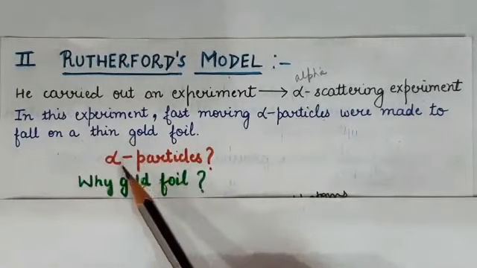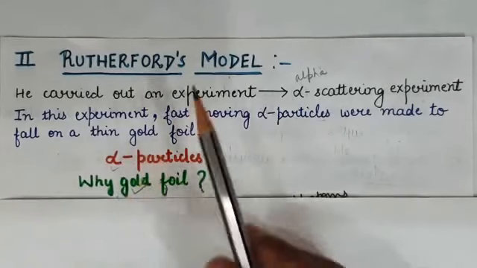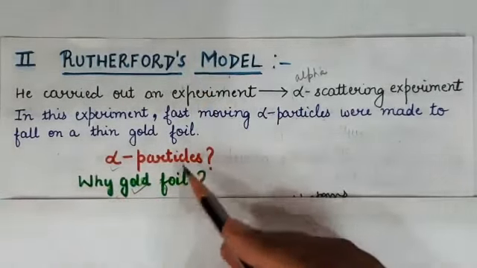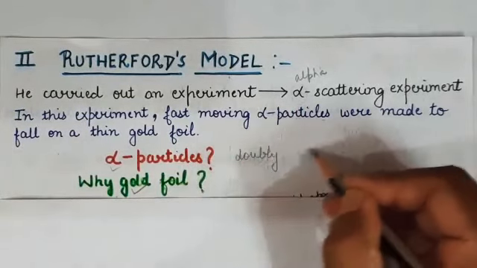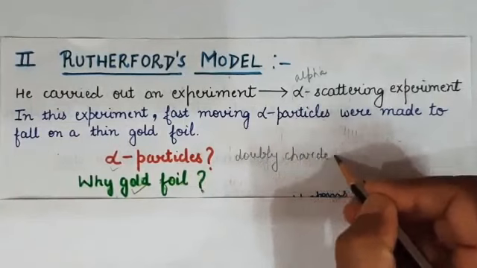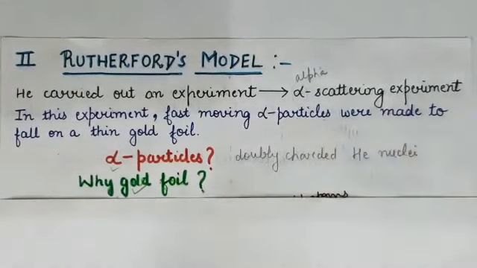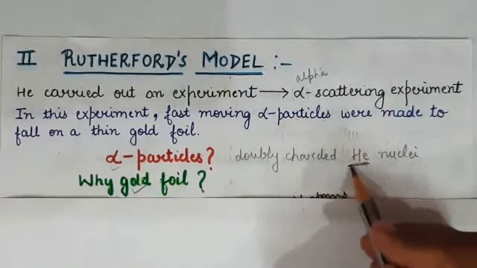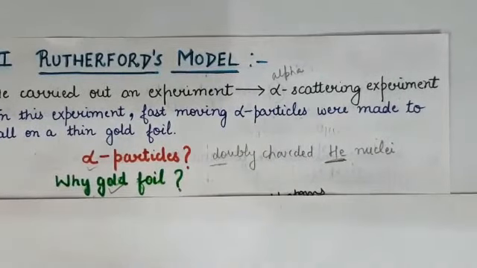Now the question arises, what are alpha particles and why did Rutherford take only gold foil? Alpha particles are doubly charged helium nuclei.